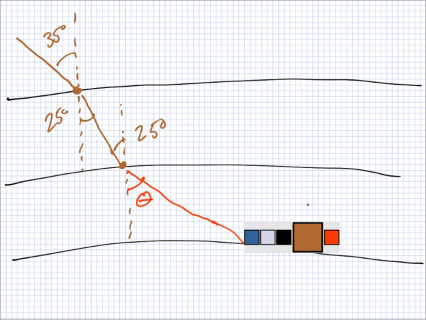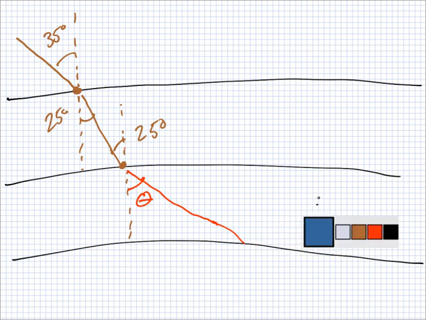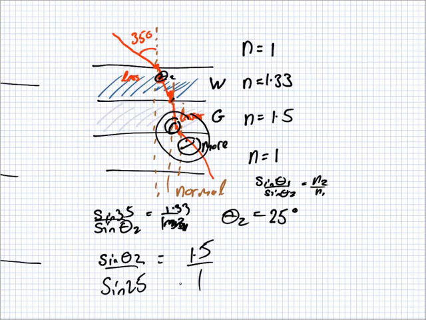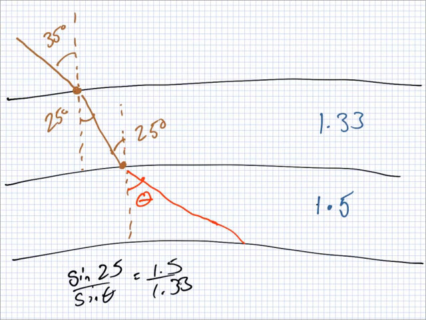And this last one is glass, isn't it? Now air, water, glass, air. So this is 1.5, and this is 1.33. Okay, so you have sine 25 over sine theta equals 1.5 over 1.33. Is that what I just said over here? No. You found 25 already.